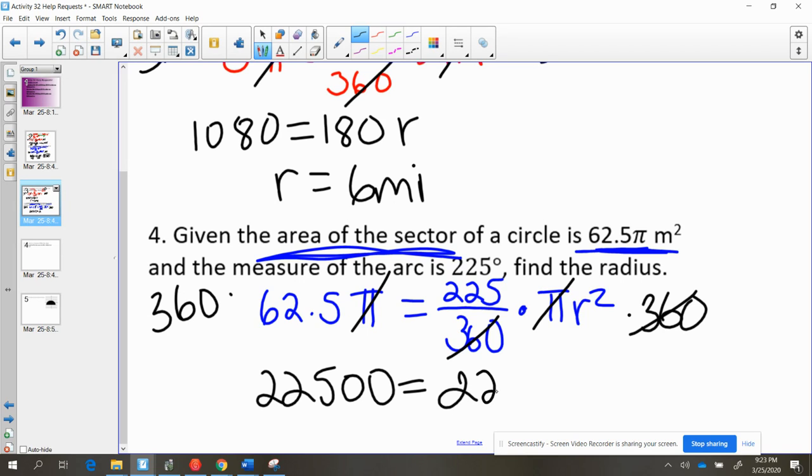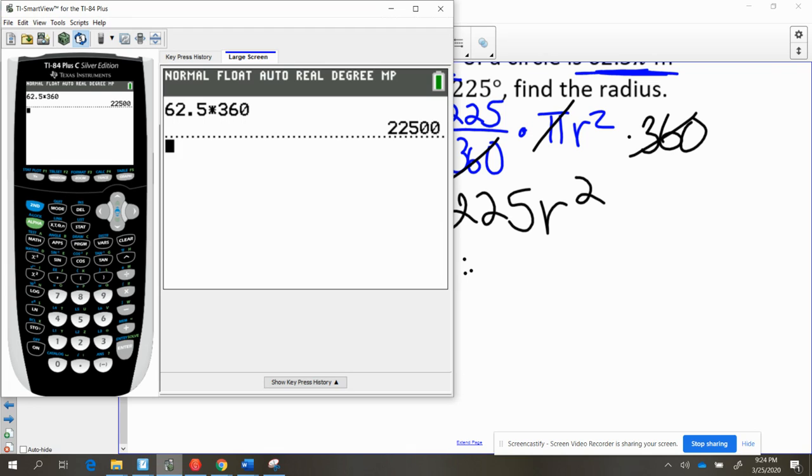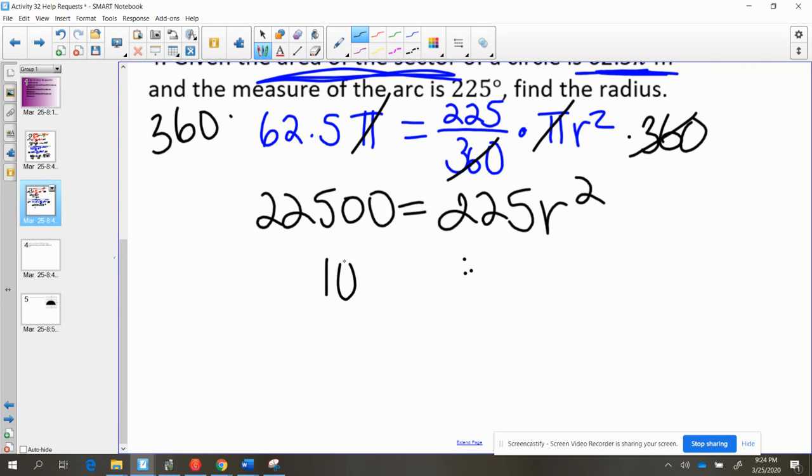Right, but that's equal to 225 times r squared. And then next thing, we need to divide by the 225 to get r squared by itself. So we get 100 equals r squared.